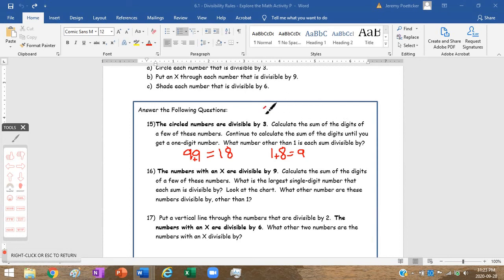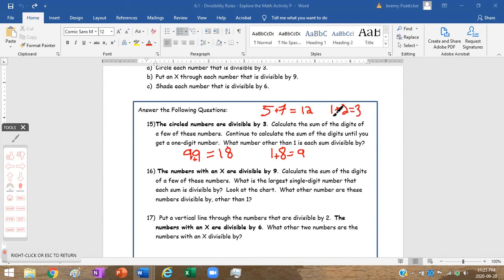Hey, if I look at this, that 9 is divisible by 1, obviously. It's also divisible by 3. It is divisible by 9. But let's take a look at another one. Let's take a look at the number 57.